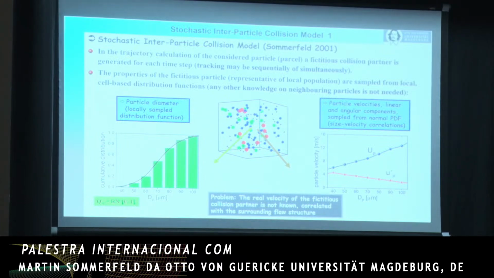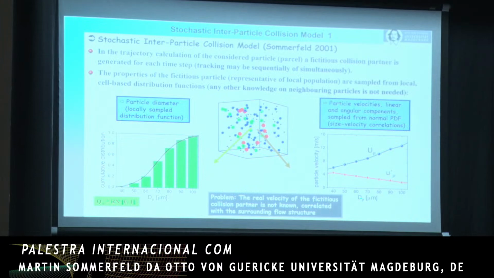Sometimes you also have a log normal distribution, but this is disregarded at the moment. But you could do it. And then later on you create the collision probability and check whether you have a collision.